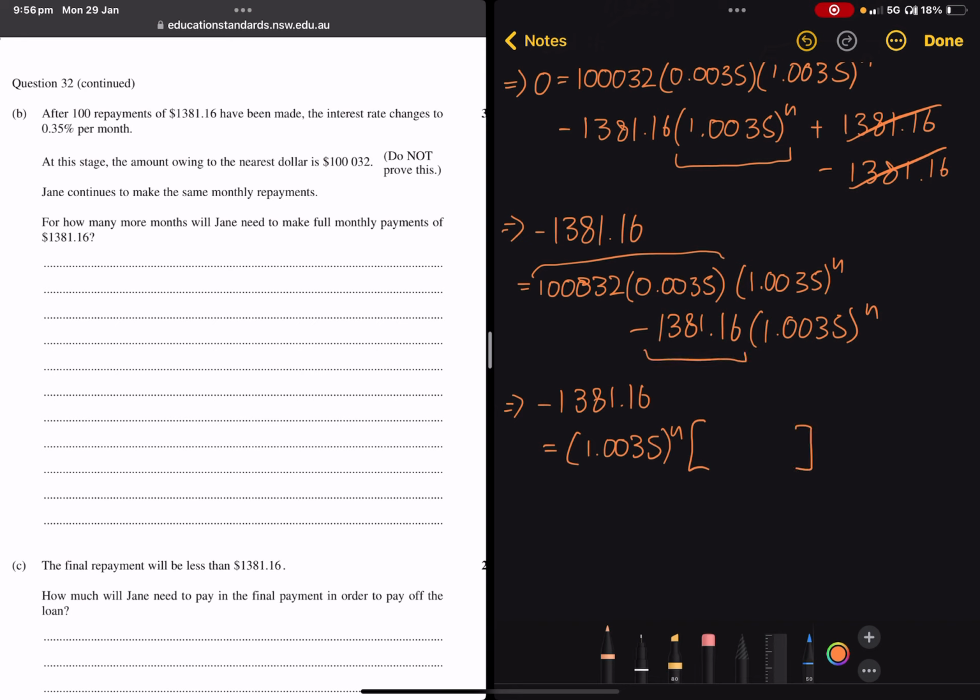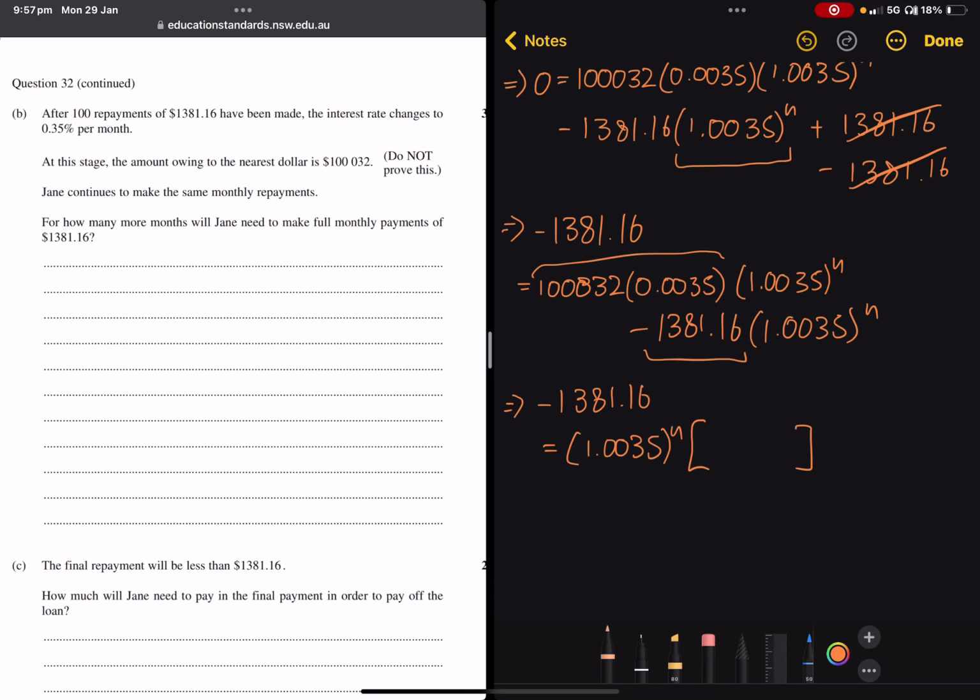Now I'm actually just going to put that into my calculator straight away because it's just getting too long. It's not really going to matter whether we numerically estimate this right now or not. So 100,032 times 0.0035 minus 1381.16. I can write this as a decimal or as a fraction.